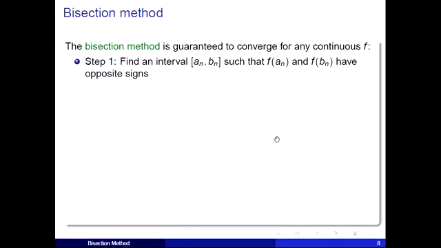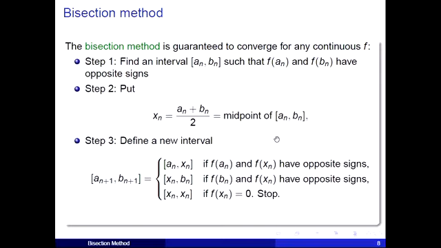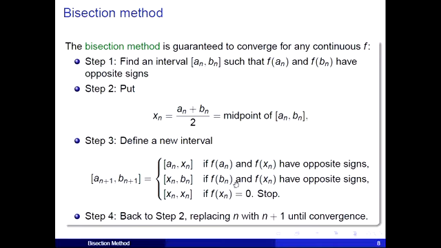For bisection, you have to assume that the function is continuous, and you just keep dividing the intervals by selecting the midpoint, and then you go further by checking the signs at the ends of each new sub-interval. If the left sub-interval has opposite signs, then you choose this one to be the new a_{n+1}, b_{n+1}, and so on.